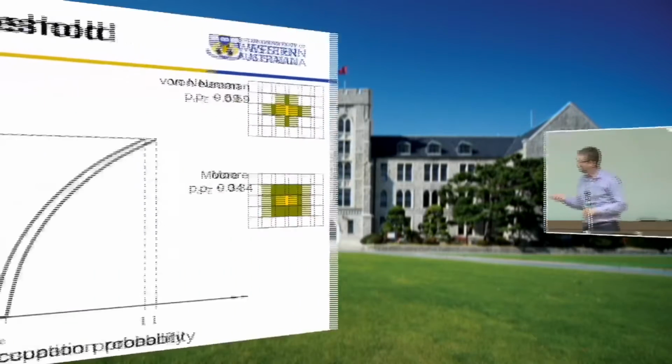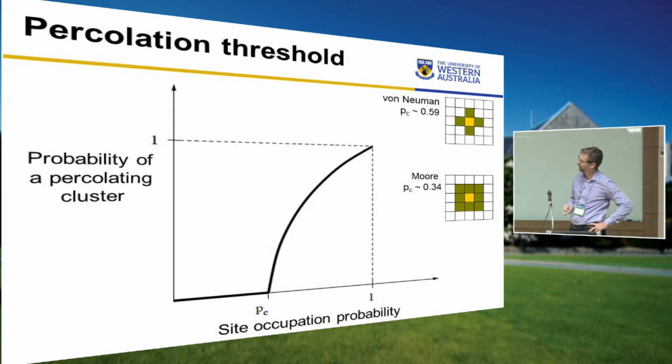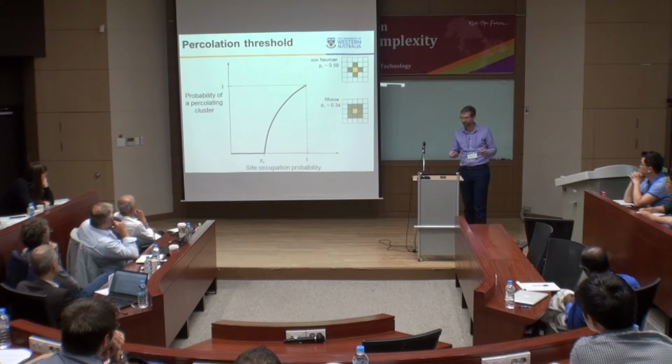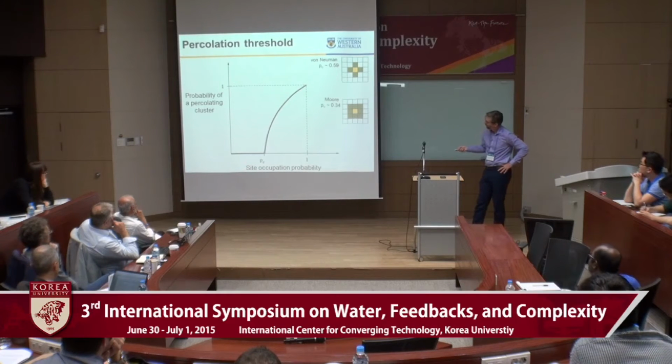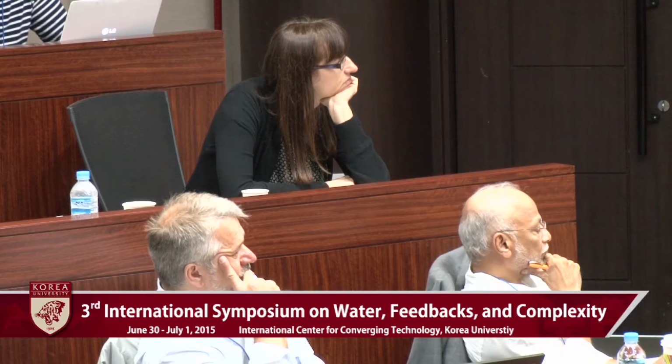And so mathematically, we have a behaviour of the system that looks a little bit like this. It's a phase transition. We have a probability that the cluster will be percolating. It'll be fully connected from top to bottom and left to right, which depends upon this probability that the site was wet or dry. And below this threshold here, we get a zero probability that we have a percolating cluster.